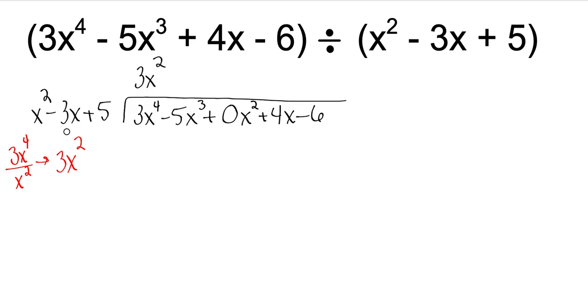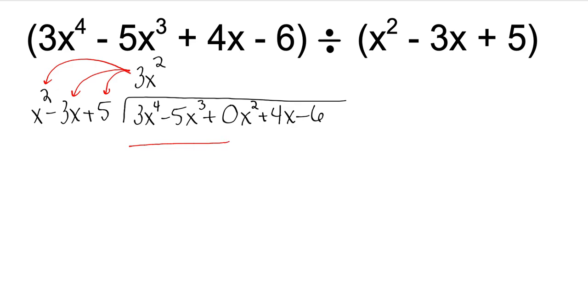So remember what you did with that number that was up top. Now we take the 3x squared, and we have to multiply it into each of these to figure out what goes here to subtract. So 3x squared times x squared is 3x to the 4th, which is what we want because we want those to cancel out, minus 9x to the 3rd, plus 15x squared.